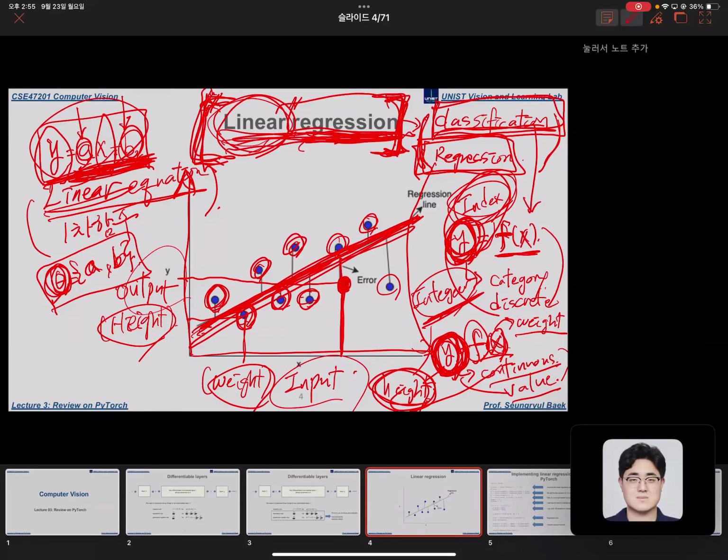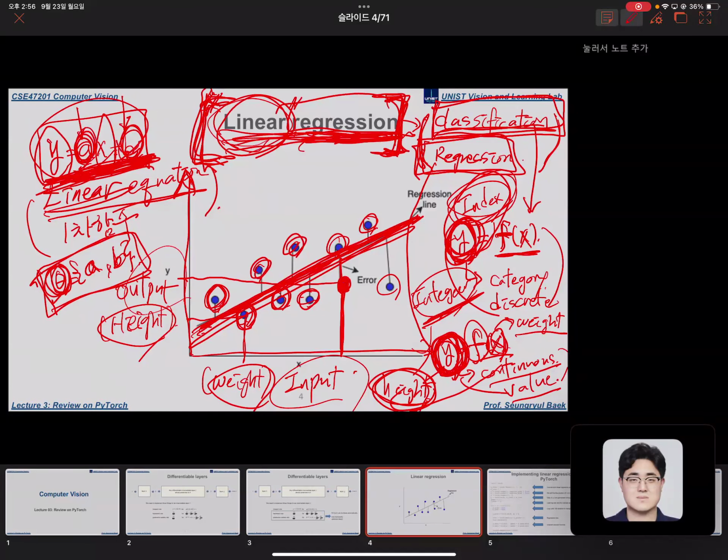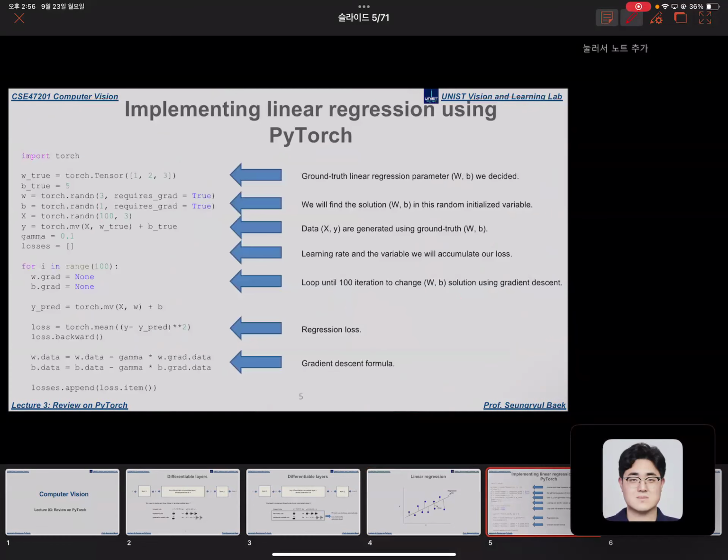There are various ways to find this formula. As far as I know, there are more than five ways, but we will find that A and B, the parameters for this straight line, using the gradient descent algorithm, the one we learned.